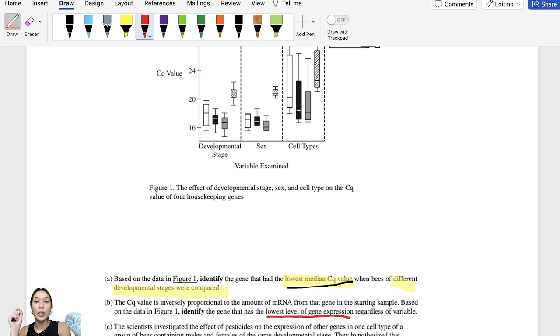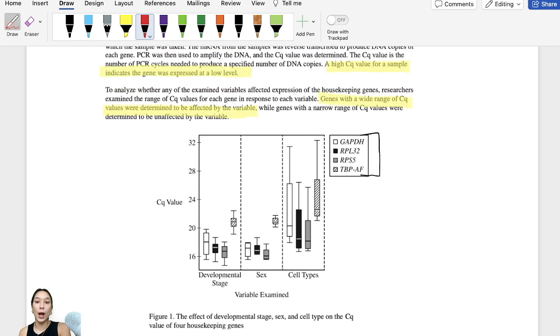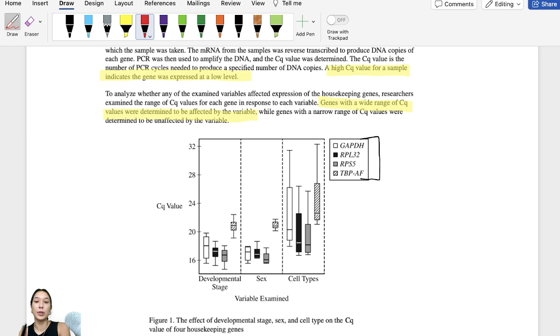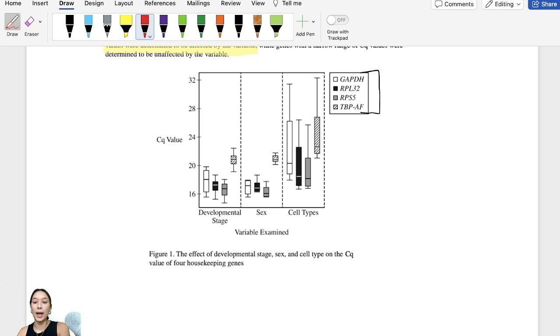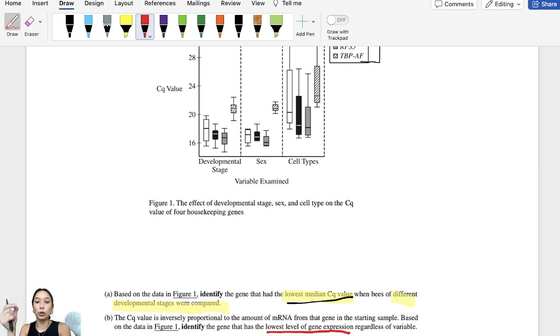So the gene with the lowest gene expression should have the highest CQ value. So what we're actually doing is looking for the gene that has the highest CQ value consistently through all of the different variables that we're looking at, okay? Again, it's an inverse relationship, so lowest level of gene expression should have the highest CQ value.